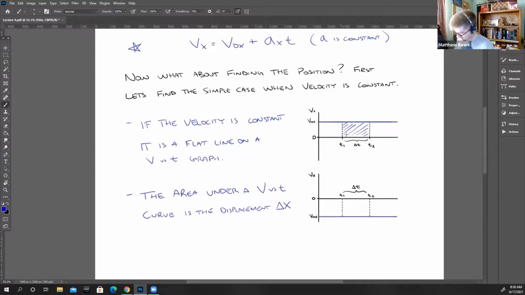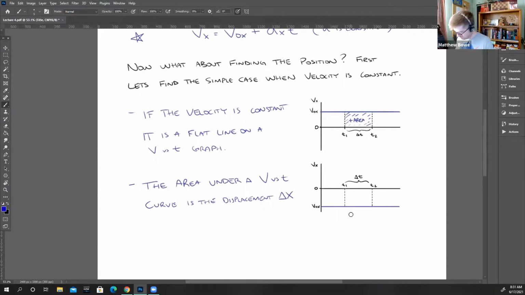So what is the area of a rectangle? Well, it's just the length versus the width. Let me put right here also inside, I'm going to say this is a positive area. I can address this one, this is also the same thing.